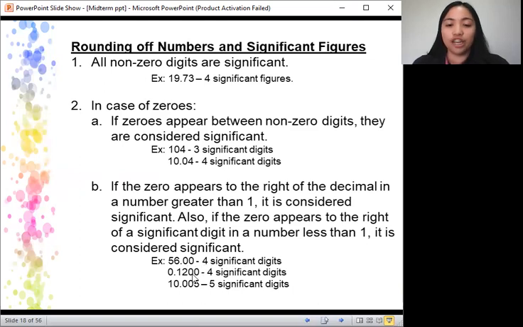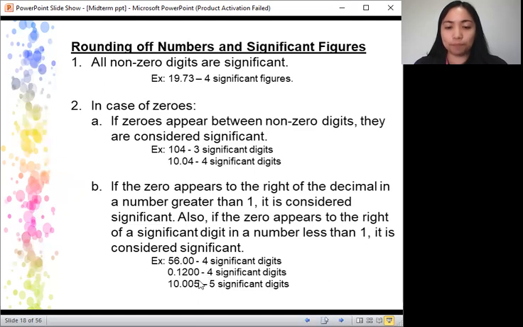Okay? So the rule also says that a zero that has a non-zero digit before it is also significant. So for example, this 0.1200, the zeros here at the end are significant, but the zero in front is not significant.